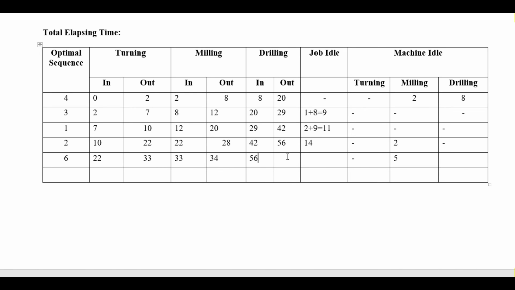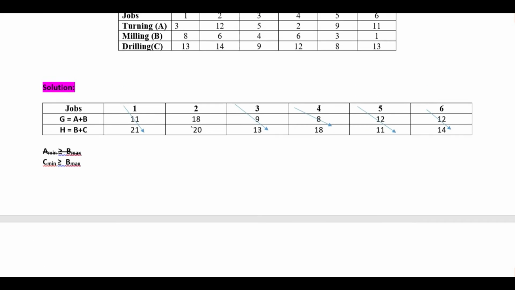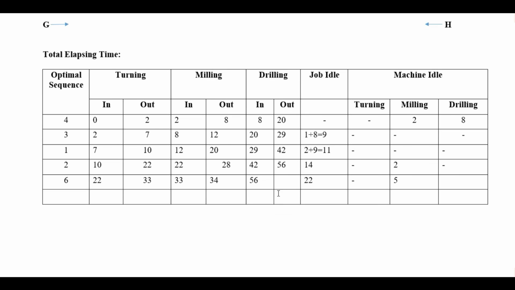In this case the job should be in idle condition. So 56 minus 34, it will be 22. The processing time of the sixth one is 13, so 56 plus 13, 69. Okay, so the machine is not in idle condition.